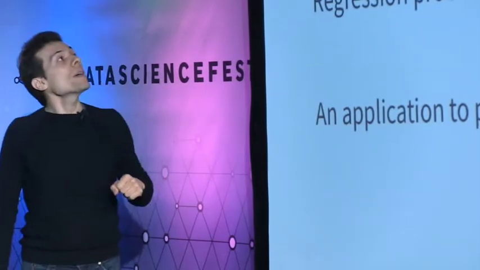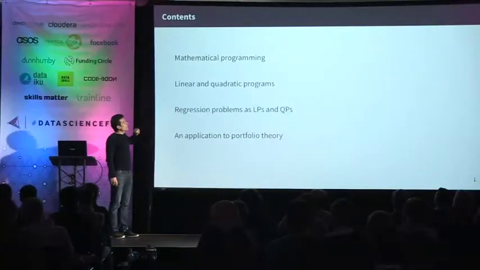So the plan is we'll start with an introduction to what mathematical programming is, and actually it goes under different names, so perhaps it will ring a bell after all. We're then going to talk about two specific types of programs that you can write, and we'll also talk about why there's an American spelled word there, so the linear and quadratic.